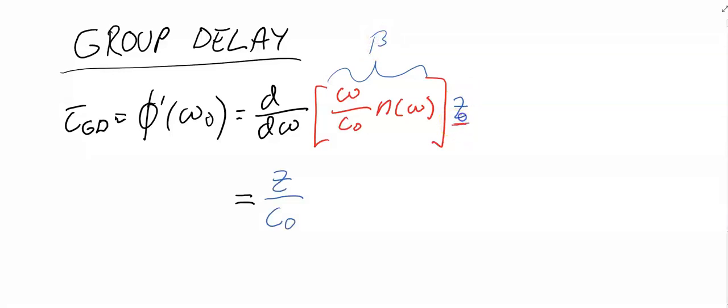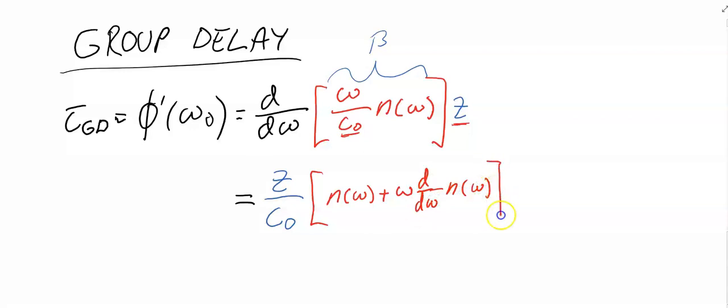We can first take the distance and speed of light in front, and then the derivative with respect to omega, and then the derivative with respect to refractive index is like this. And this expression in the brackets is called a group refractive index.